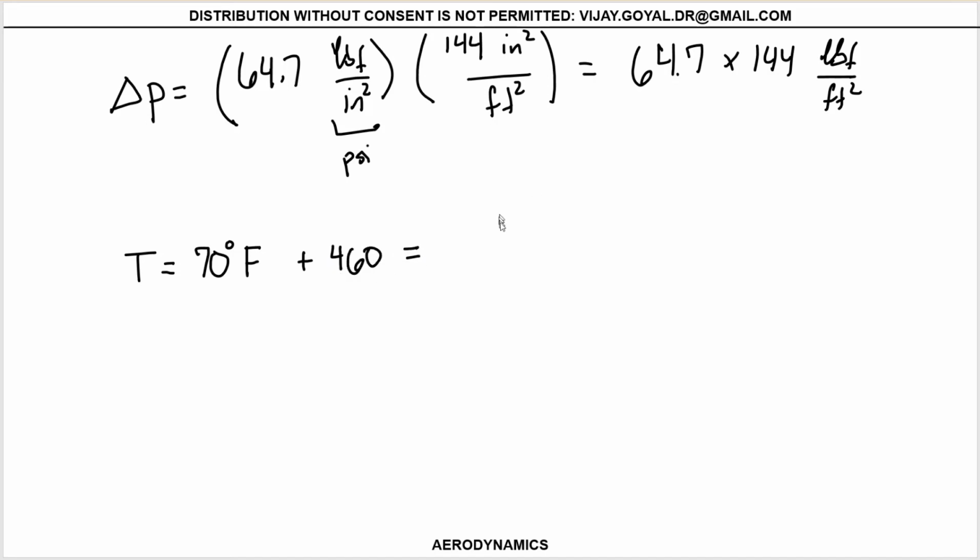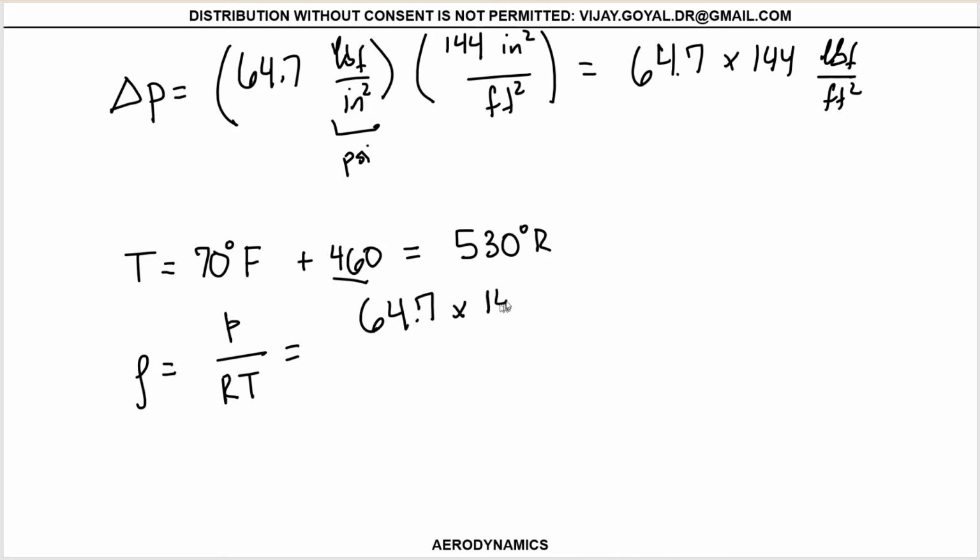If I add 460, that would give me 530 Rankine. So this is the conversion to Rankine. So I have this, and I can calculate what my rho is. Now my rho would be P over RT, where 64.7 times 144 is your P, which comes from here.